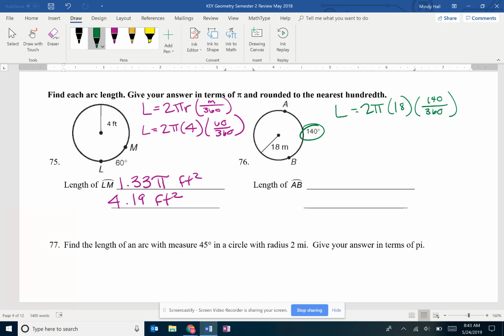So then 2 times 18 times 140 divided by 360 is 14 pi. Oh, and I just realized these are not squared. And then when you multiply the pi in, you get 43.98 meters.